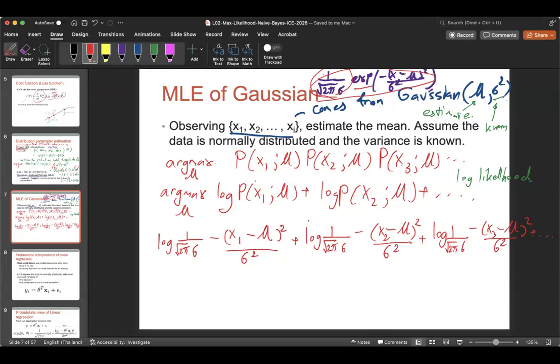And we want to find the argmax over mu. So what do we do next? We take the derivative with respect to mu.